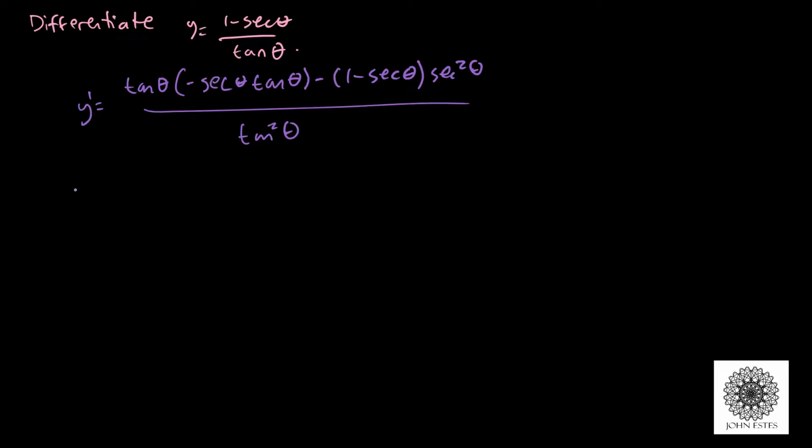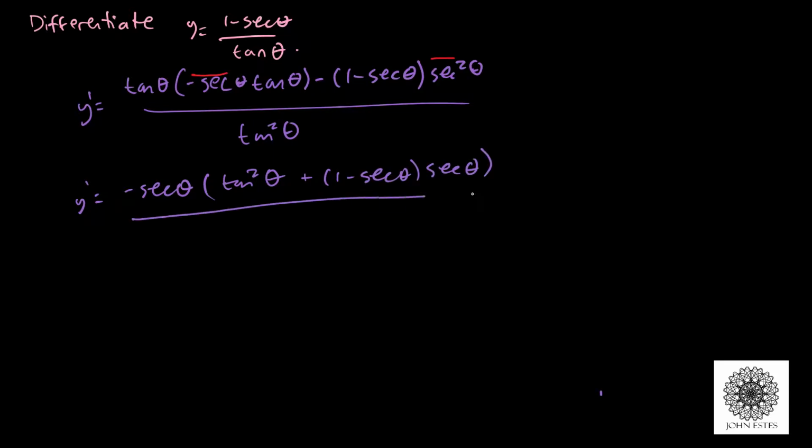Okay, to simplify this thing, I notice that I have a negative secant in both terms. So when I take out a negative secant, I'm left with the first expression, a tangent squared, and the second one, a positive 1 minus secant theta times secant theta. And all of this is over, again, tangent squared theta.